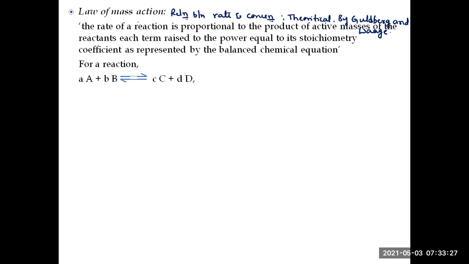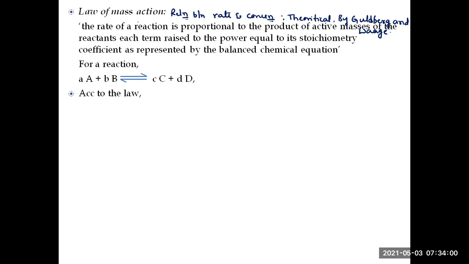Let us consider a reaction. This is a reversible reaction. A and B, capitals, are reactants, and small a and b are their coefficients. It may be 1, 2, 3, 4. They just indicate the number of moles. C and D are products. Small c and d are coefficients. So as per the law, here there is a forward reaction and a backward reaction.